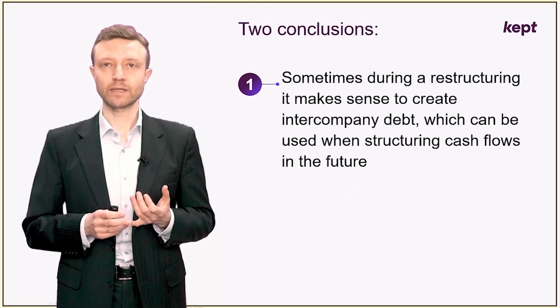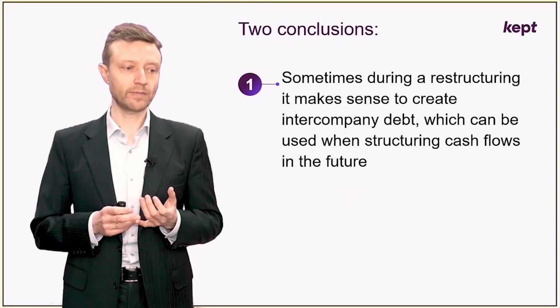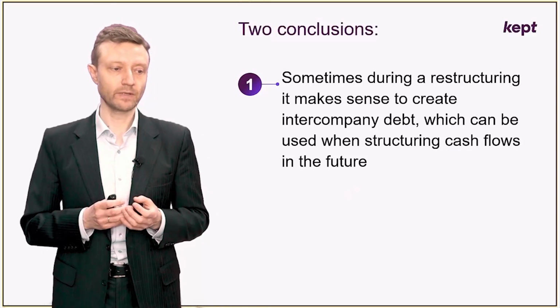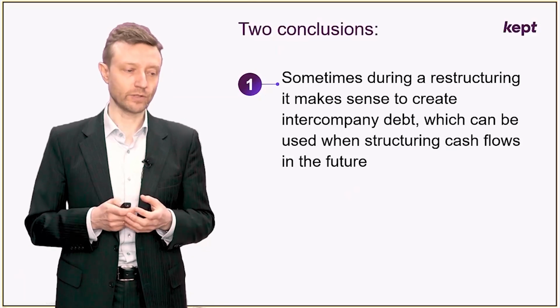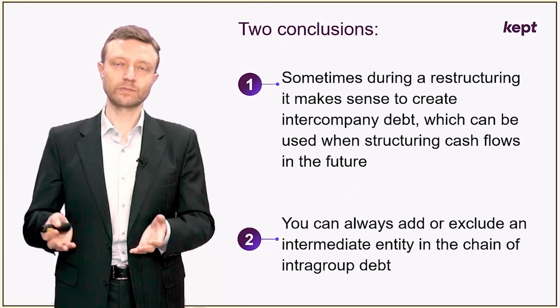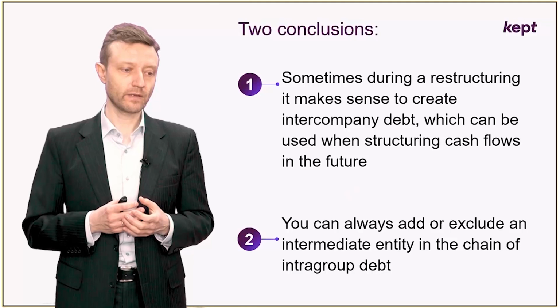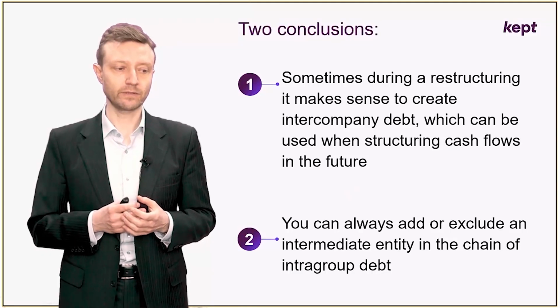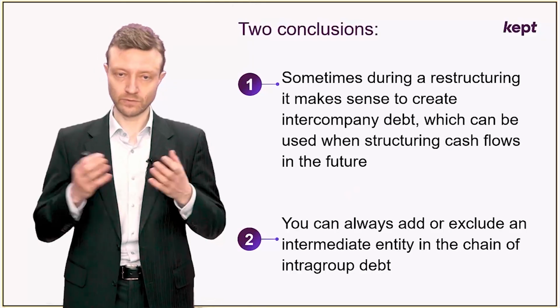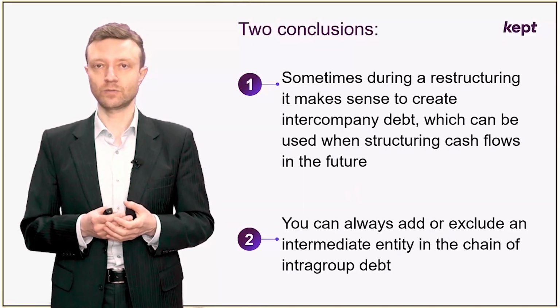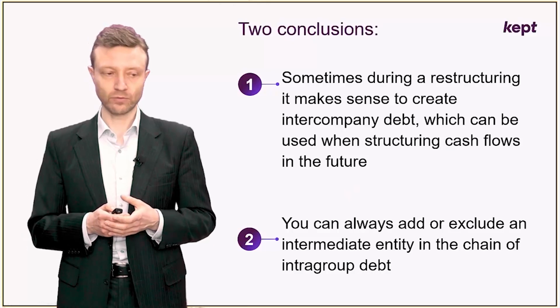Okay, two conclusions here. First of all, sometimes during a restructuring project, it makes sense to create intercompany debt, which can then be used when structuring cash flows in the future. And it is always possible to exclude or add an intermediate entity in the chain of intra-group debts, which may be of importance in the course of restructuring projects.